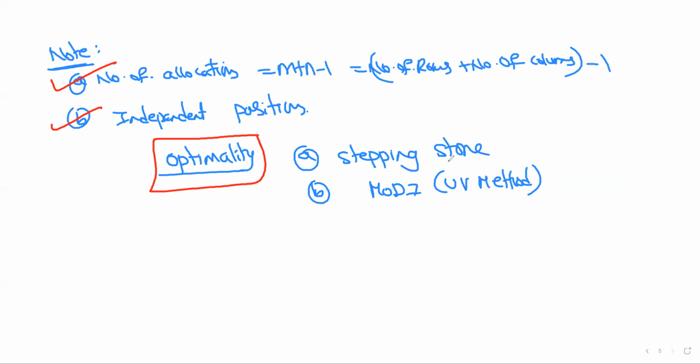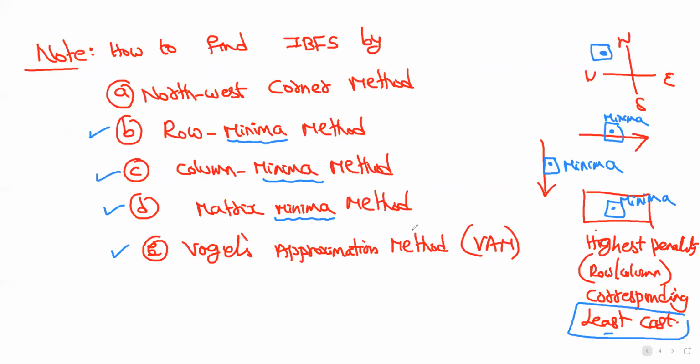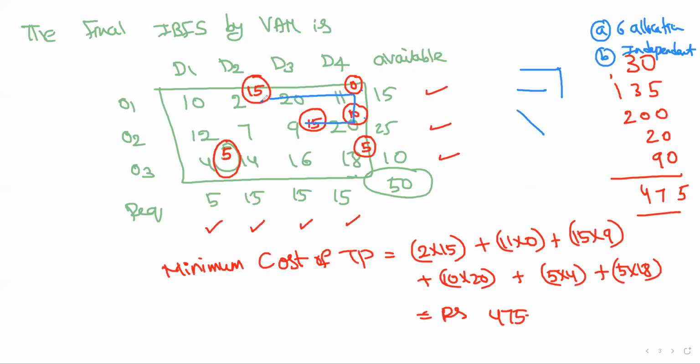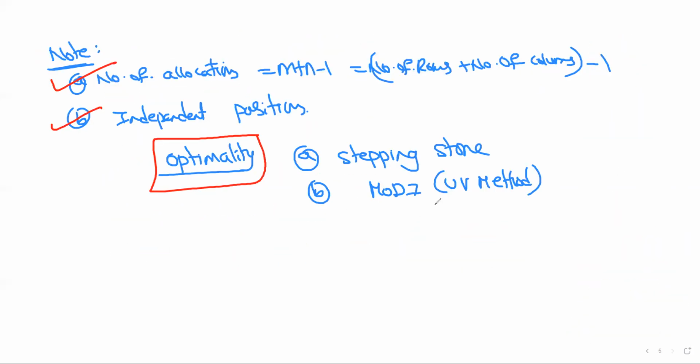In order to apply these two methods, two conditions must be satisfied: allocations should be number of rows plus number of columns minus 1, and allocations should be in independent position. Independent position means it should not form any closed loop. We always join with horizontal or vertical lines. If they are in independent position, I can verify optimality.